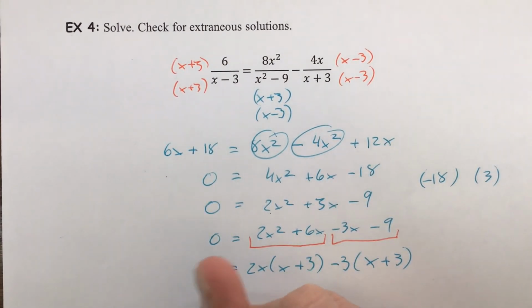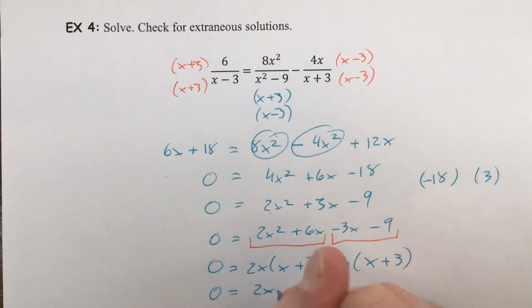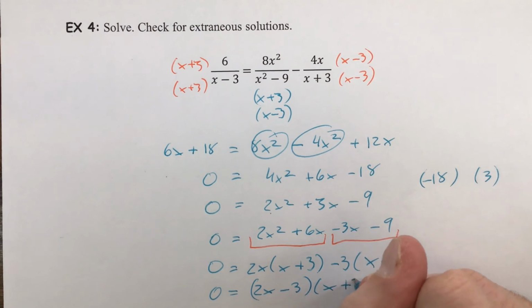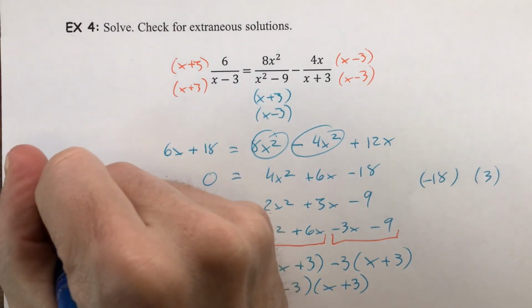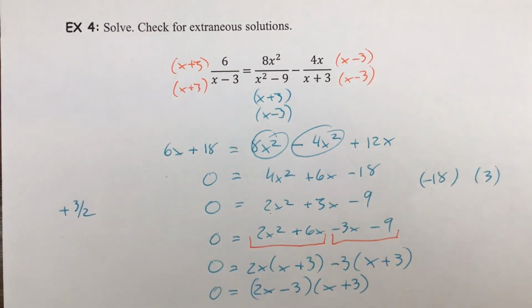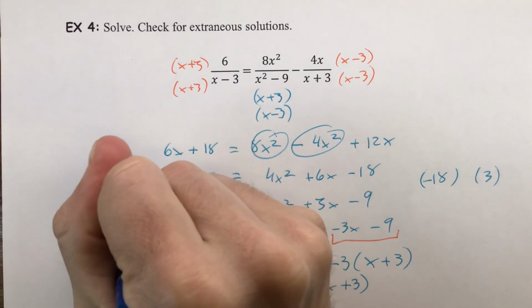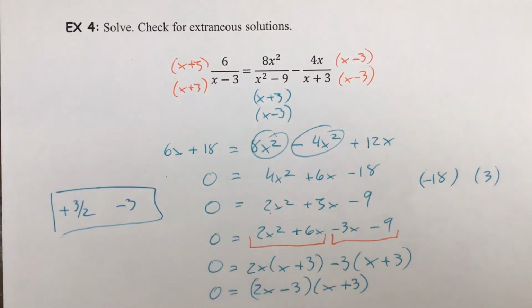Completely factored, it's going to look like this. You get 2x minus 3 times x plus 3. So the solutions we get from this would be a positive 3/2. We would also get a negative 3. Those would be our two answers.